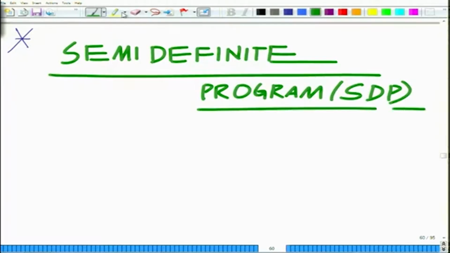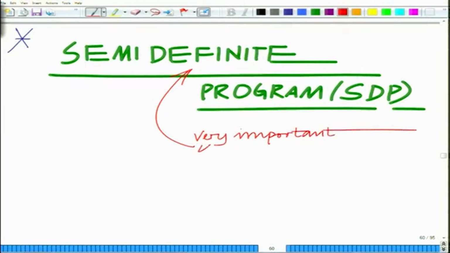And as I said, this is a very interesting and very important, powerful class of problems. And what is a semi-definite program?